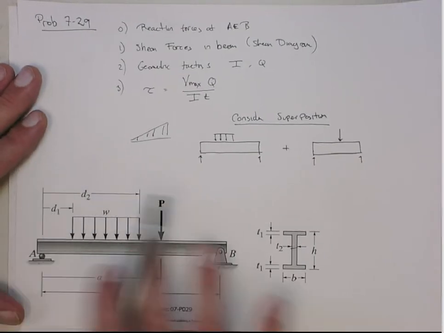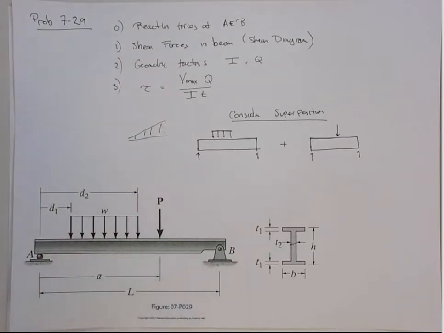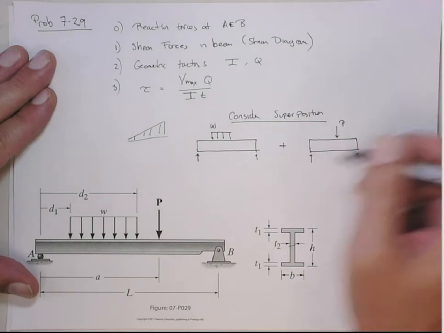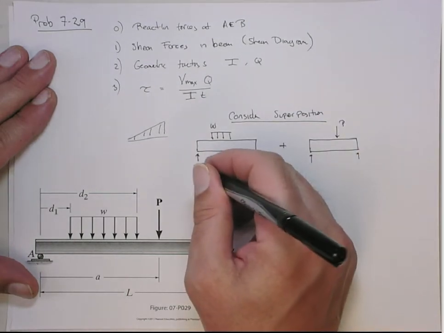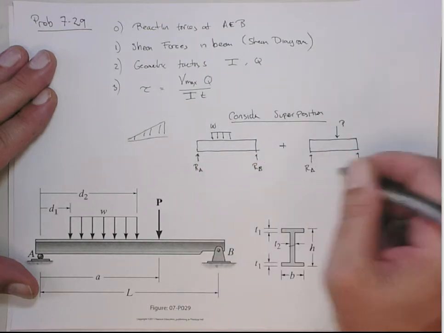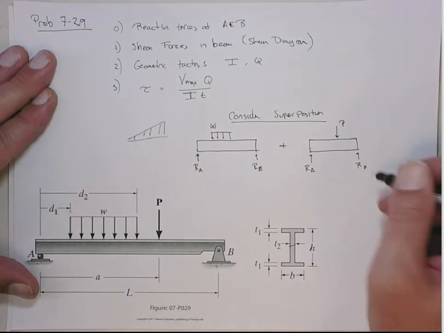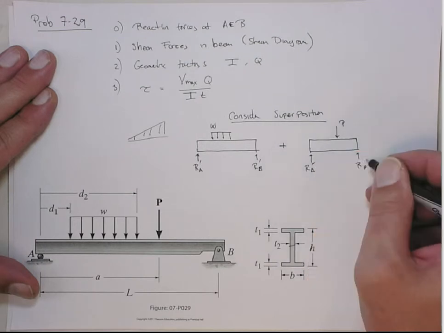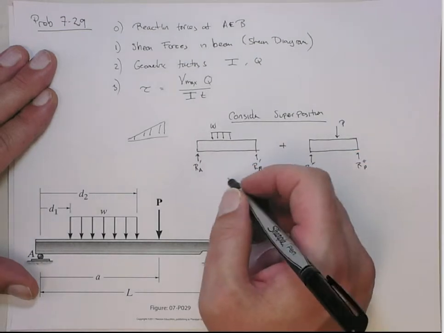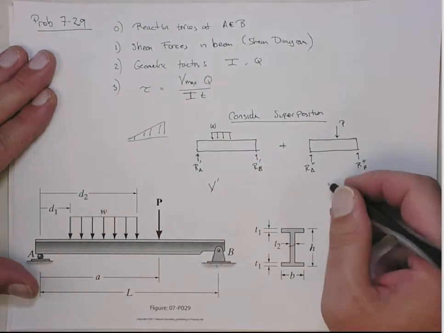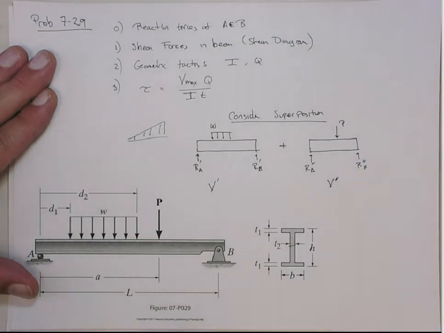In fact, it could be over the whole beam. So this is going to be W, and this is P. Then we're going to have the reaction at A, reaction at B, reaction at A, reaction at B. We'll denote this case with a prime and this one with a double prime, because that's another case. Then out of this, we'll get the V from this case, and then the V max from this case, right?